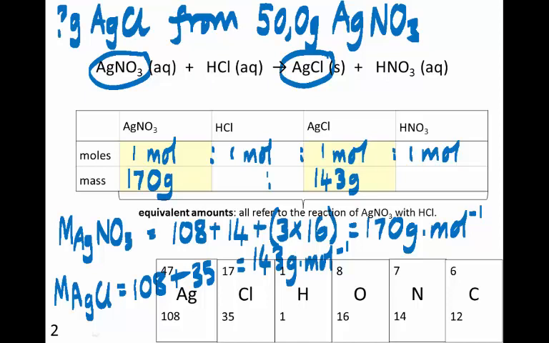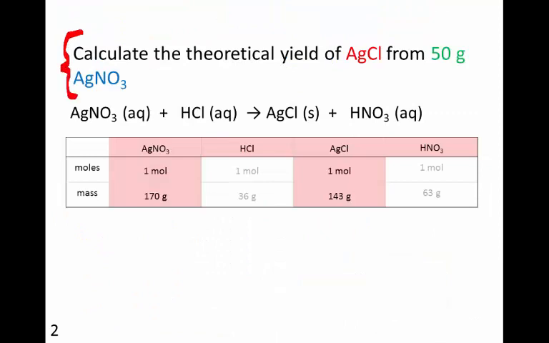So we can use this information to answer our sub-question, which is, how many grams of silver chloride would you get from 15 grams, not 170 grams, but 15 grams of silver nitrate? So there's our sub-question, just worded a little bit differently, but it doesn't matter.